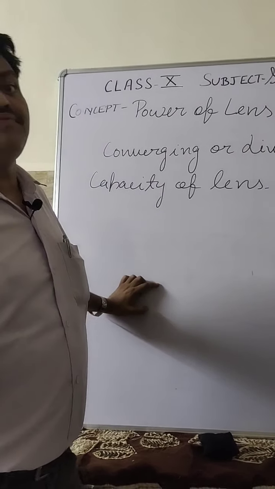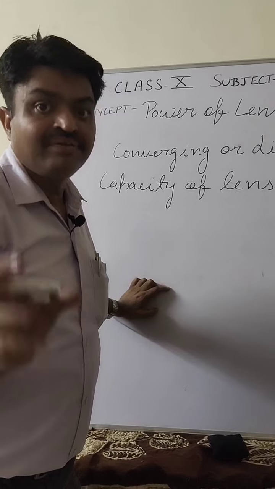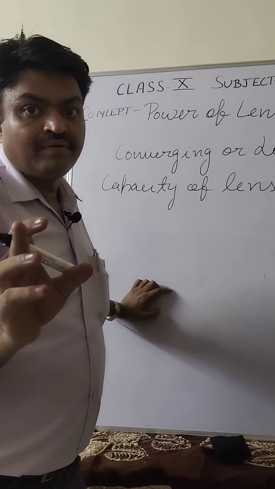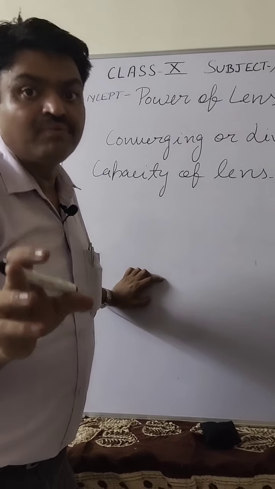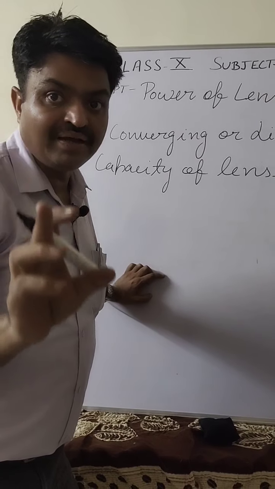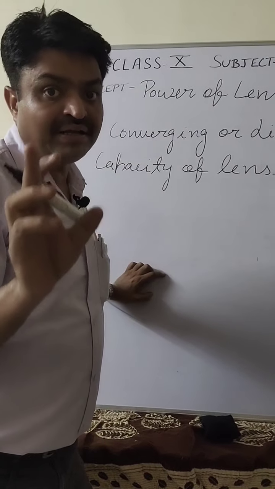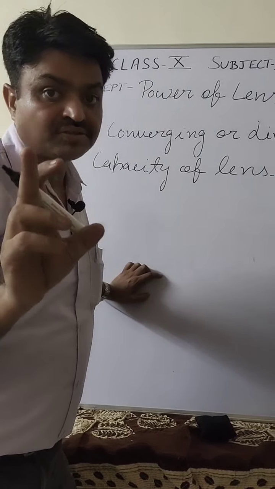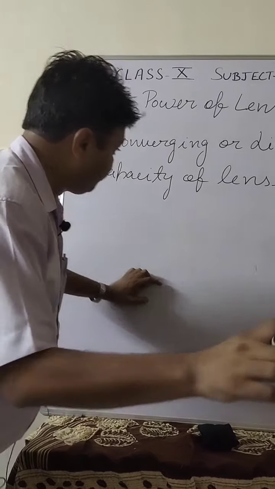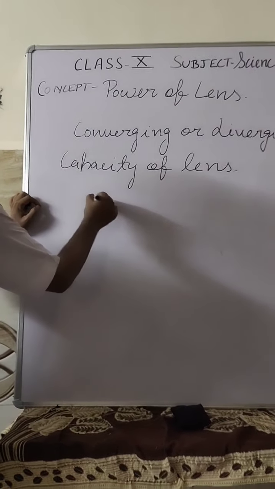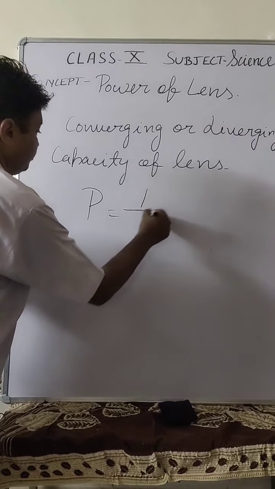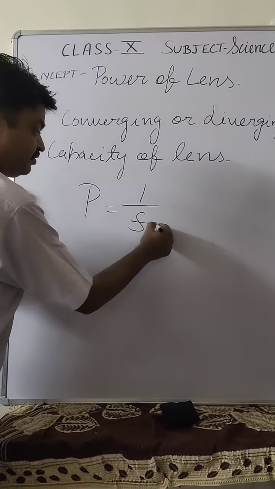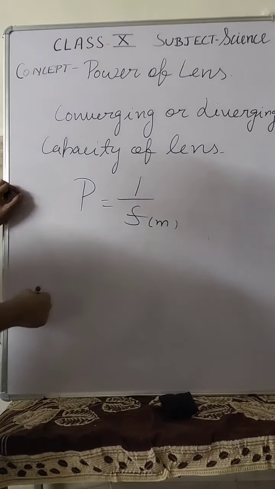And according to the formula, it is the reciprocal of the focal length, and the focal length should be in meters, student. So the formula of the power of the lens is 1 upon f if the focal length is in meters.